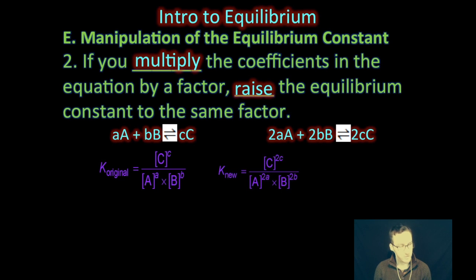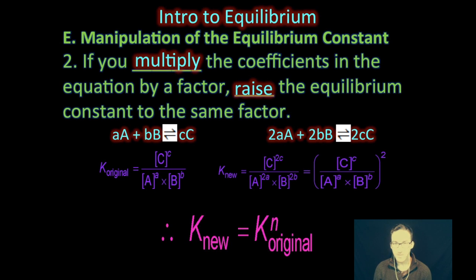If we were to do the same for the equilibrium expression on the right, notice there we've multiplied our equation by a factor of 2, which can be simplified as seen on your screen. Essentially then, all you have to do with your original equilibrium constant value is raise it to the same factor, in this case 2.